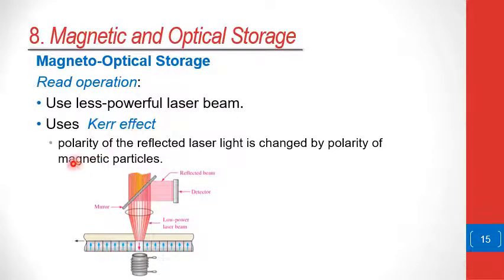The Kerr effect relies on the fact that the polarity of a reflected laser light is changed based on the magnetic polarity of the particle stored on the disk. So if it's down, then the reflected laser beam will change. If it's up, the reflected laser beam will also change accordingly. So therefore, the detector is able to detect the information from the magneto-optical disk.